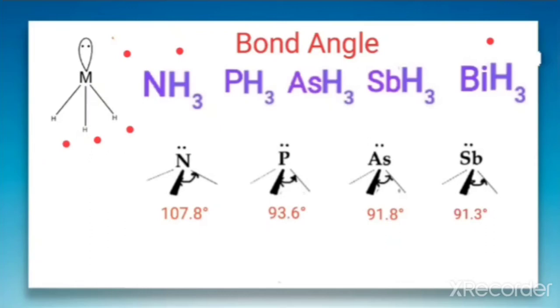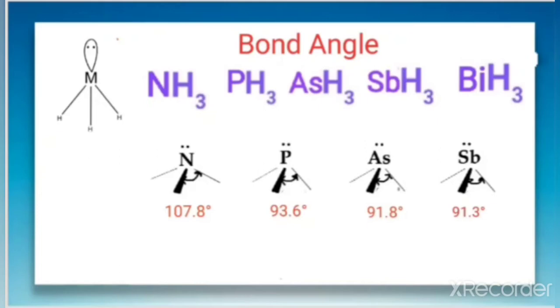As we move down the group from nitrogen to bismuth, the size of the atoms goes on increasing and electronegativity decreases. So the bond pairs shift more and more away from the central atom, moving from NH3 to BiH3. Because of the smaller size of nitrogen, the bond pairs are closer, so they repel each other more.